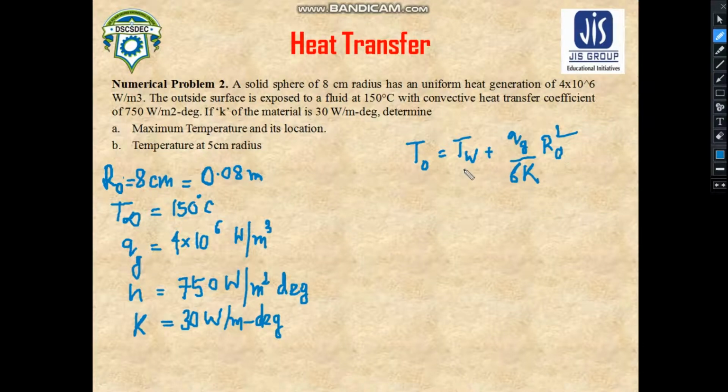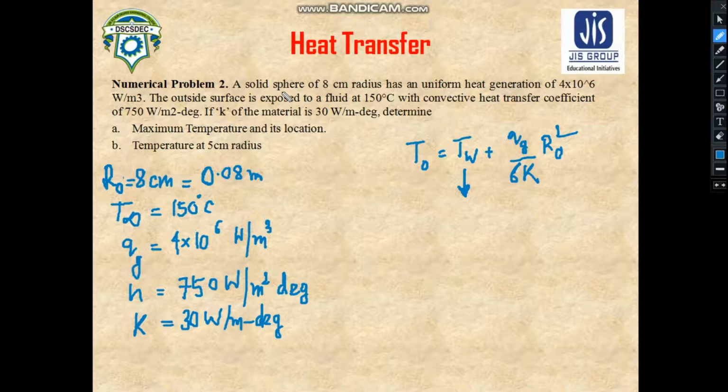So here this is the thing which is very much unknown to us. This is the external surface temperature. That means you need to calculate the surface temperature of the solid sphere. And how can you calculate it? This solid sphere is exposed to a fluid at 150 degrees Celsius.